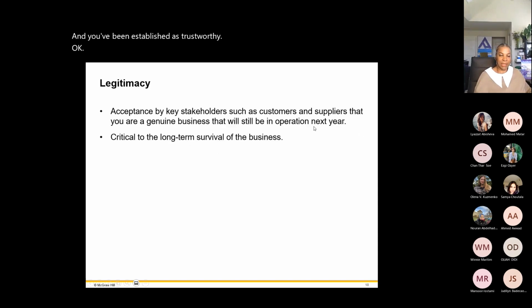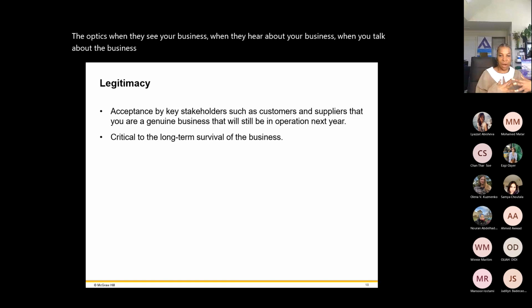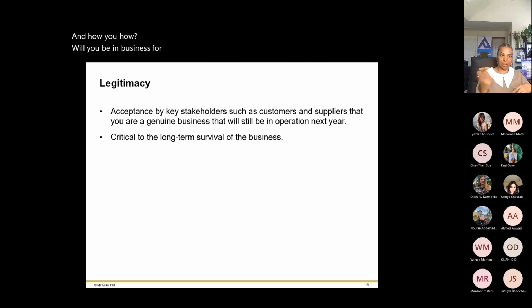How to establish legitimacy. A stakeholder or a customer or a supplier, the optics, when they see your business, when they hear about your business, when you talk about the business, how do they know that you are legit, and how will you be in business for the next year?